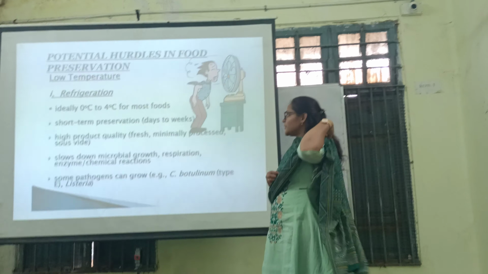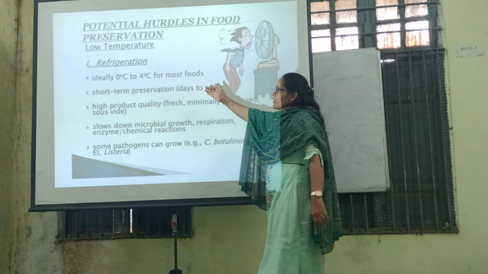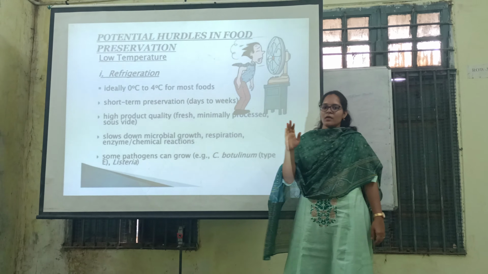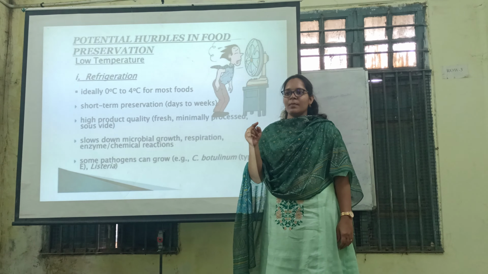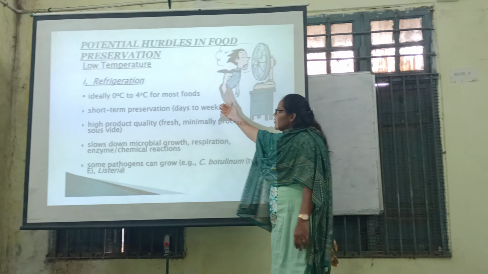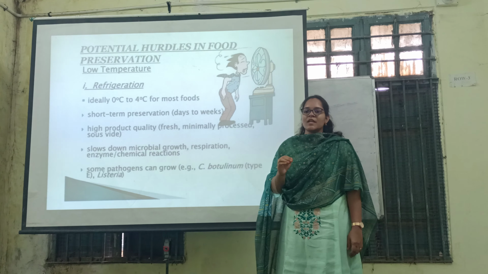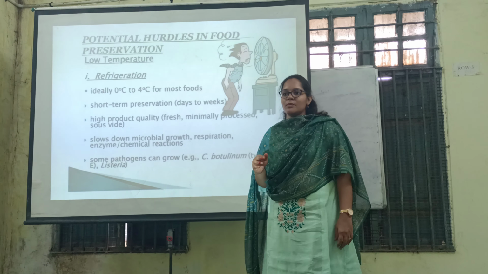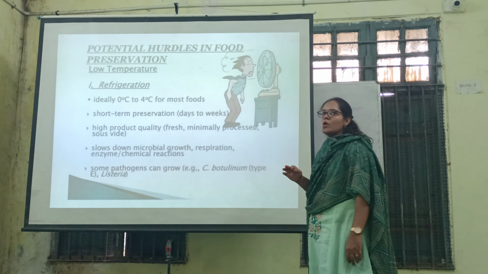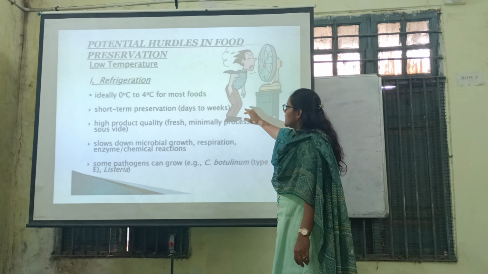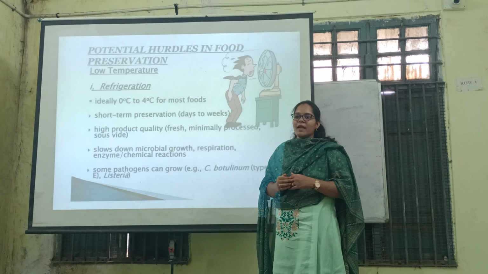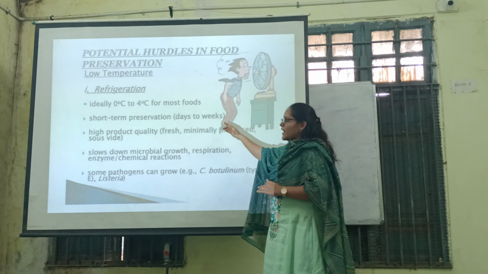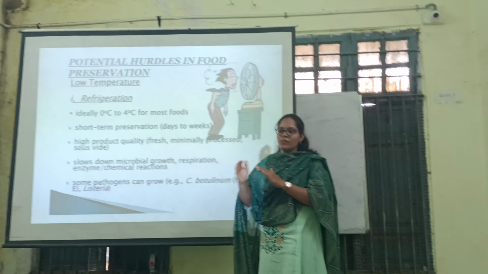In refrigeration, ideally 0 degrees to 4 degrees C. Already we discussed at what temperature different types of frozen materials can be used. Most of the foods are stored in the refrigeration process at 0 to 4 degrees C. It is short-term preservation, only from days to weeks.